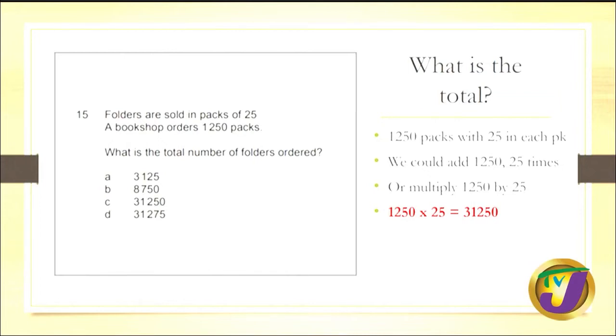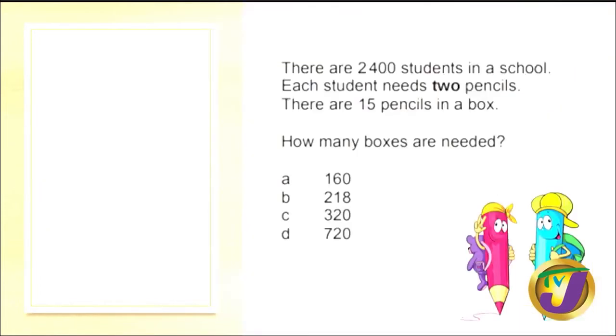So if the person were to purchase 1,250 packs, each pack containing 25, they will get a total of 31,250 folders. Next question. There are 2,400 students in a school. Each student needs 2 pencils. There are 15 pencils in a box. How many boxes are needed? Whenever you're looking at a question, you always try to figure out what information is given. There are how many students?